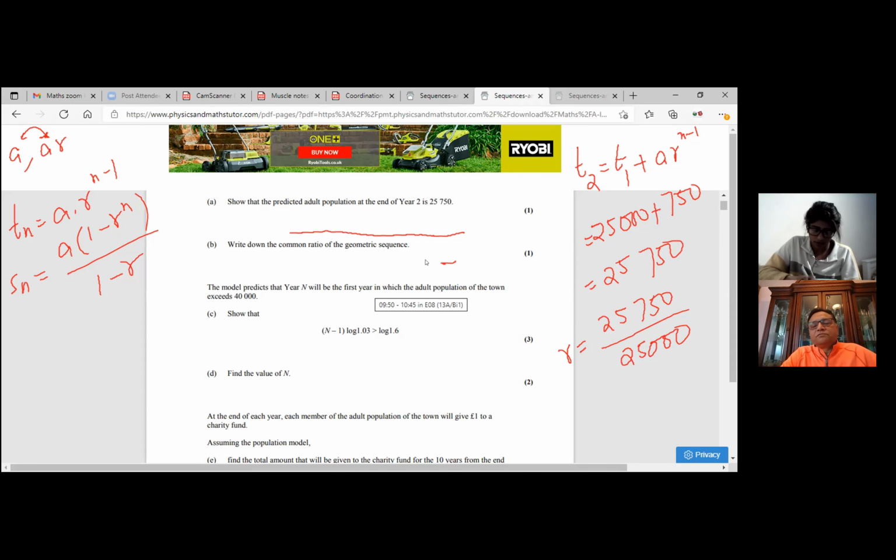So that is 1.03, right? So that is how much each term of the geometric series will be increased by. Is it okay? Oh, so now if I did the same thing that we did up there, would I get 25,750 straight? Yeah, if this is the value of 1.03. Okay. Yeah.